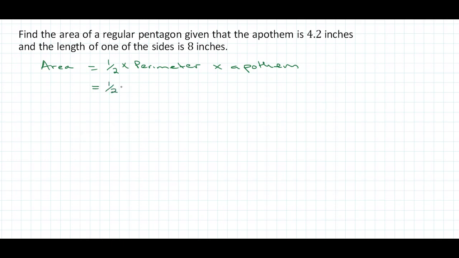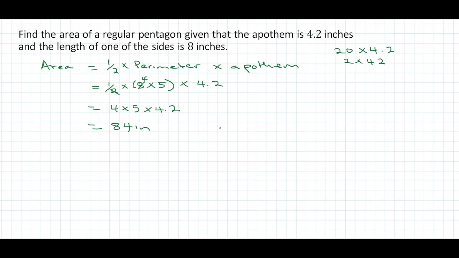This is going to give us 1/2 multiplied by, the perimeter is going to be 8 multiplied by 5, because you have 5 sides, multiplied by 4.2. So we're going to cross this out here. So this is 4 multiplied by 5 multiplied by 4.2. So 20 multiplied by 4.2, I have a 0 here, so it's going to be 2 multiplied by 42. So this is going to give you 84 inches.